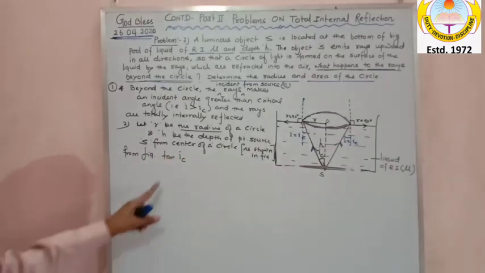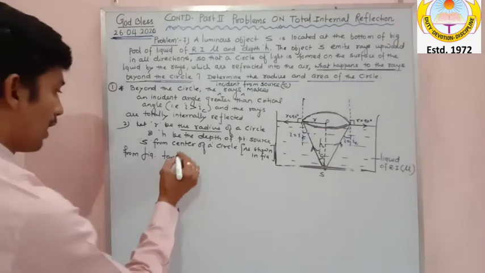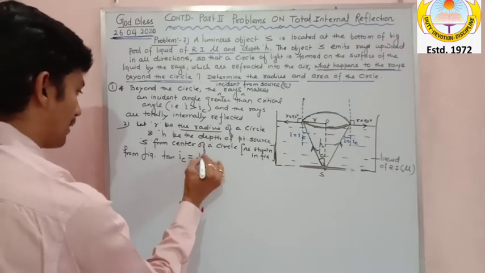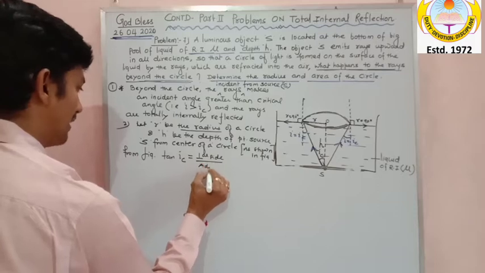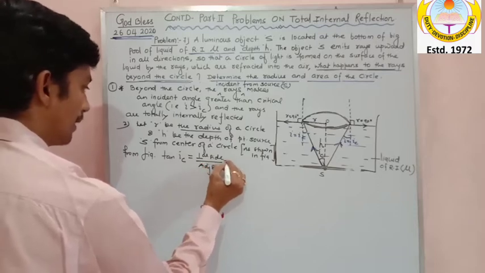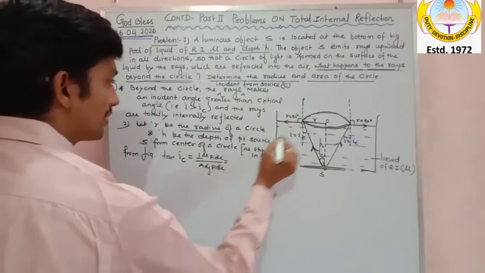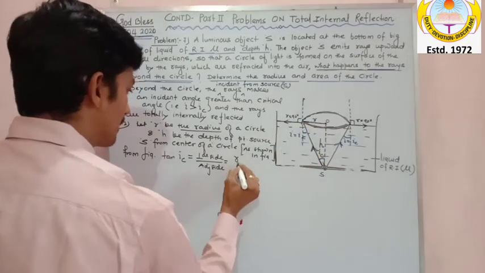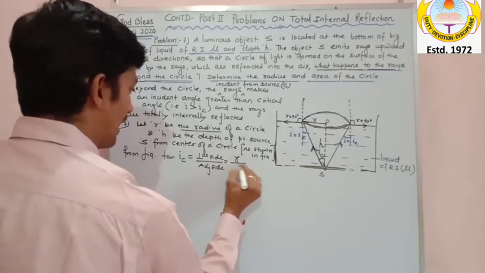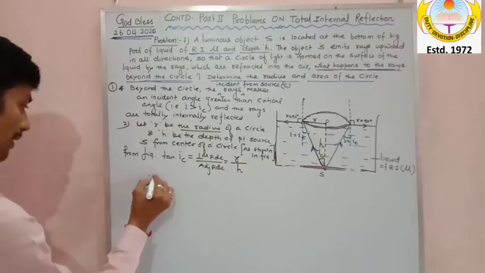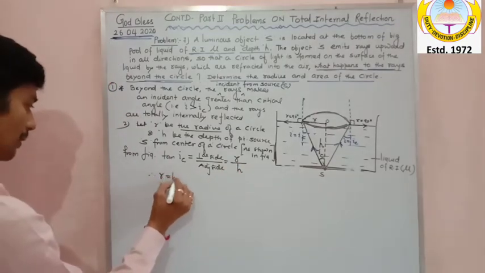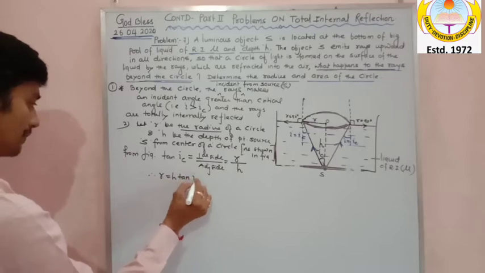Tan of IC will be the perpendicular side upon the adjacent side. The perpendicular side is r, that is the radius, and the adjacent side is h. So my dear, I hope you are getting that r is equal to h tan IC.